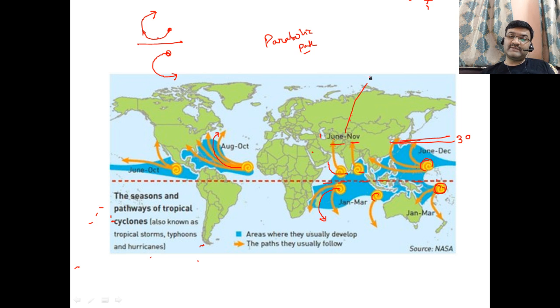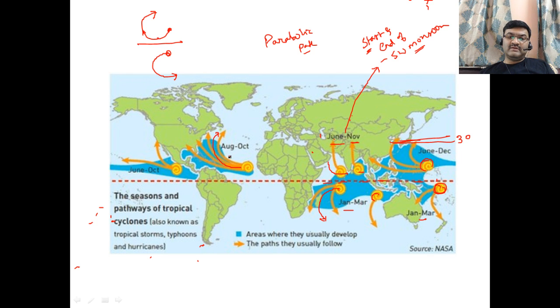Remember, this point is important. The tropical cyclones in India occur at the start and end of the southwest monsoon. So note down these also: January and March in the southern hemisphere, June and December in the northern hemisphere.